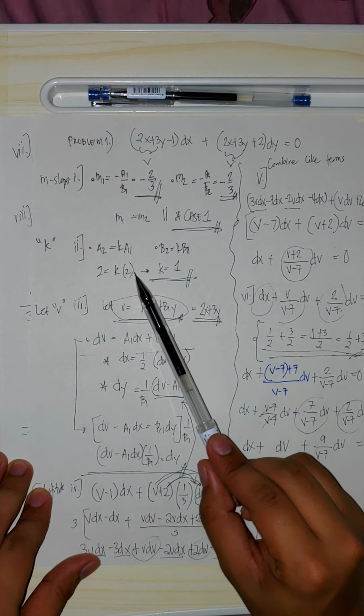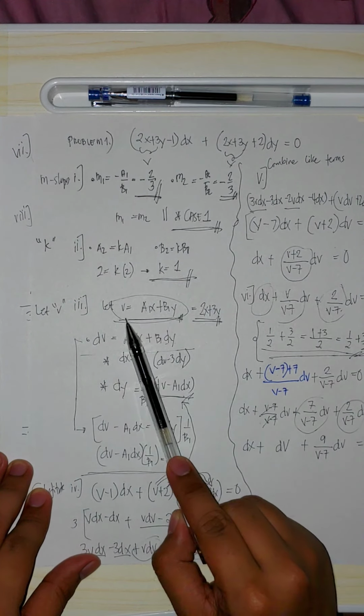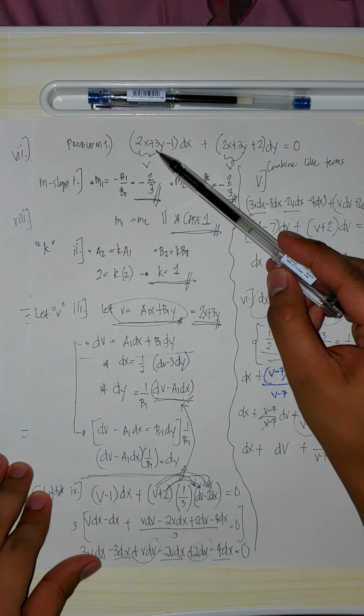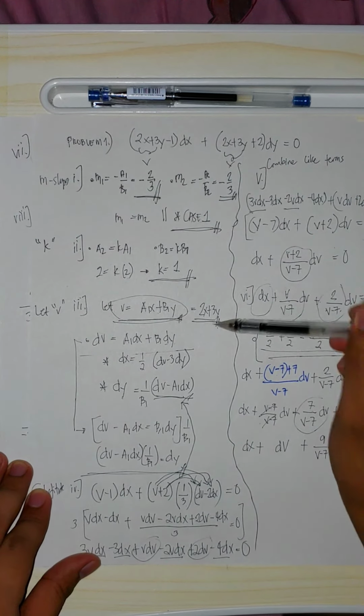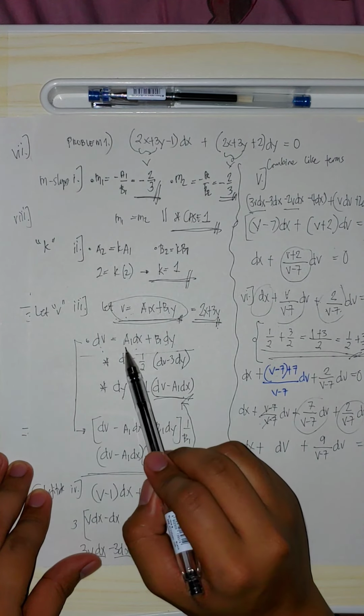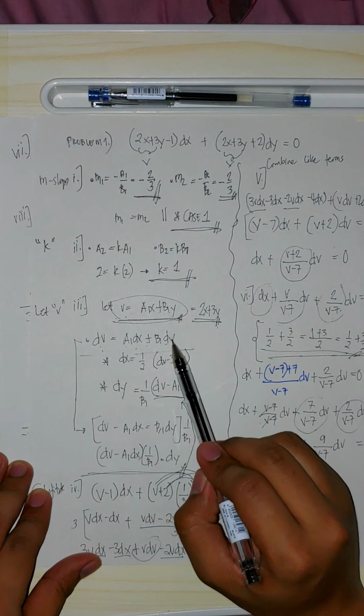And then substitute v equals a1x plus b1y. In this situation, a1x plus b1y is 2x plus 3y, which is this one. Then get the derivative of v. We have dv equals a1 dx plus b1 dy.